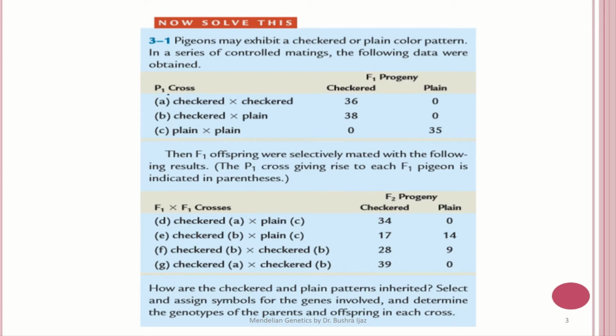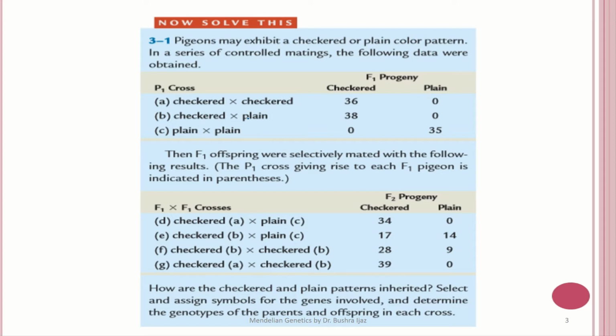These are the P1 crosses. Checkered, when mated with checkered, the F1 progeny gives 36 checkered and no plain pigeons.